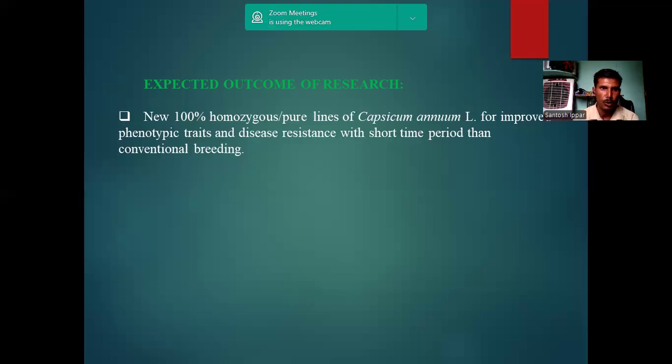Phenotypic traits can be easily obtained with homozygous plants. Disease resistance is developed using double haploid technology within a short time period, 1 to 2 years instead of 6 to 8 years by conventional breeding.